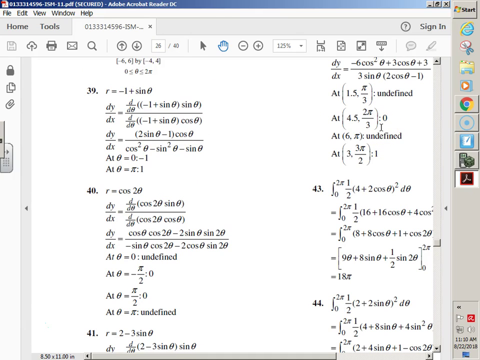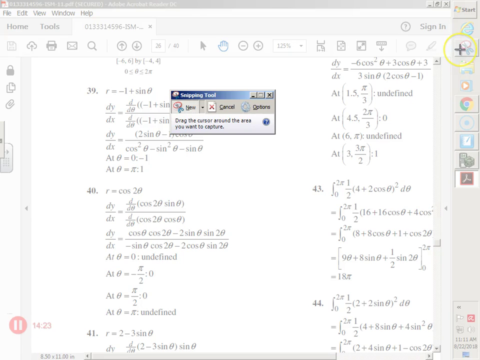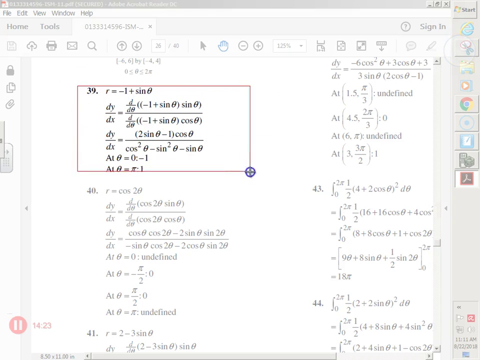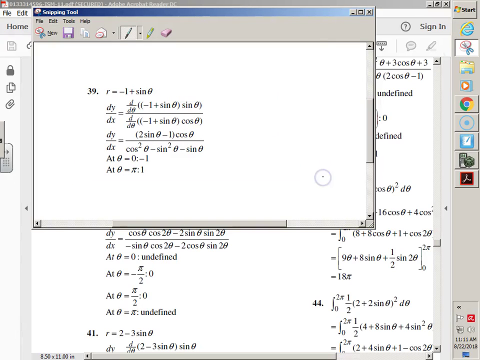39. I would have personally changed to terms of y and x using, it's not going to work. Sine is equal to y over r. Maybe it'll work if I open it again. It was worth a try. I'm just going to do this, so there's room. Okay. r is equal to -1 plus y over r, right?